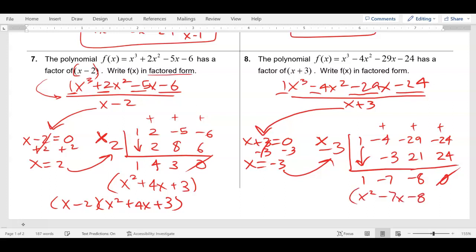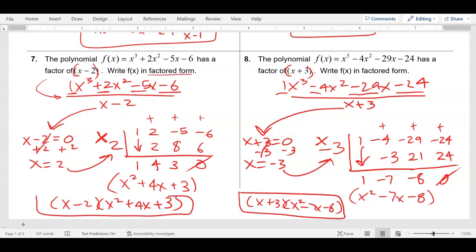So you have this as a factor part, and then this as a factor. And we can write it all together as x plus 3 times x squared minus 7x minus 8. Cool.